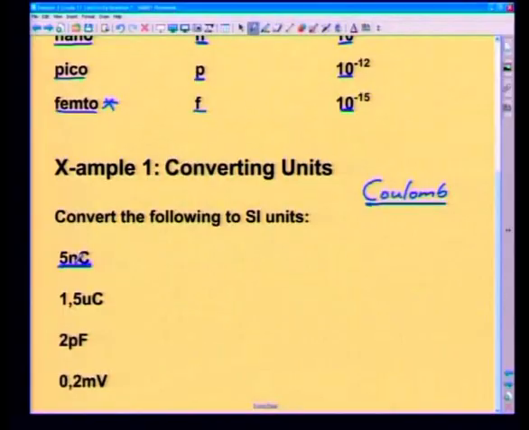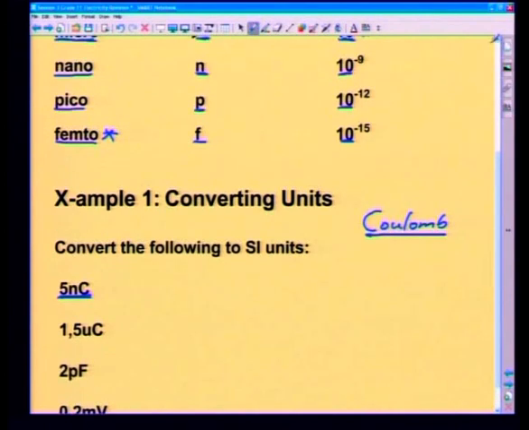And now, if it's nanocoulomb, if we go back to our table, nano is 10 to the power minus 9. So if I am to convert here, it means 5 nanocoulombs will be the same as 5 times 10 to the power minus 9 coulombs.